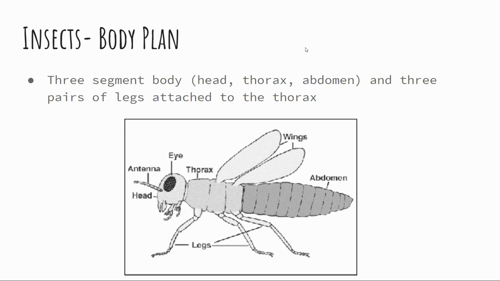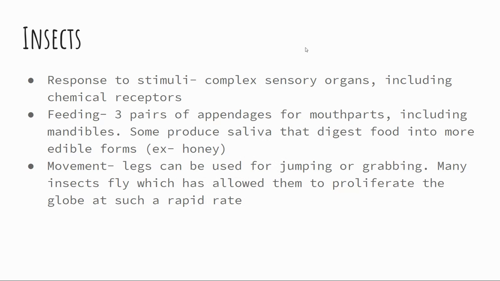So the body plan of insects is unique to this group. They have 3 body segments: the head, a thorax, and an abdomen, and they have 3 pairs of legs attached to the thorax. So insects can respond to stimuli. They have complex sensory organs that include chemical receptors. With feeding, they have 3 pairs of appendages for mouth parts, including mandibles.